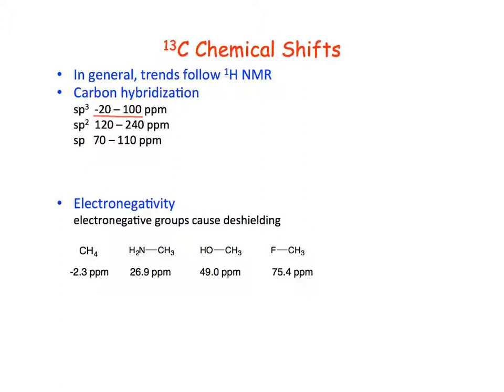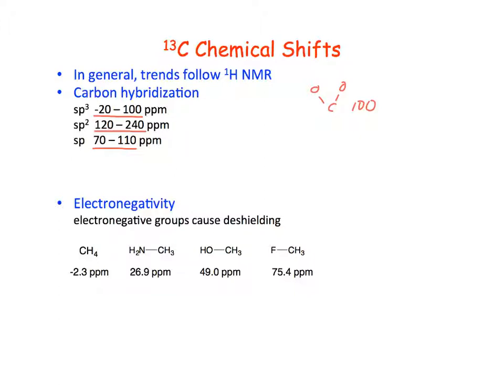Usually 100 parts per million would be a carbon that maybe has 2 oxygens attached. The sp2 hybridized, either on a carbon-carbon double bond, a benzene ring, or a carbonyl, can be from 120 up to 240. And then, like we saw in proton NMR, the alkyne, the sp hybridized carbons are in a different, unique range in the middle.